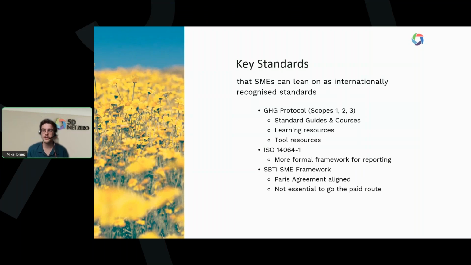It has pathways of being audited and verified independently, etc. The good news is that the GHG protocol and ISO have announced that they're going to be collaborating and aligning these standards, so it gives you more accessibility from the GHG protocol angle and much more formal recognition through the ISO. I'm not sure of the timeframes on that, but those two at the moment are really good.